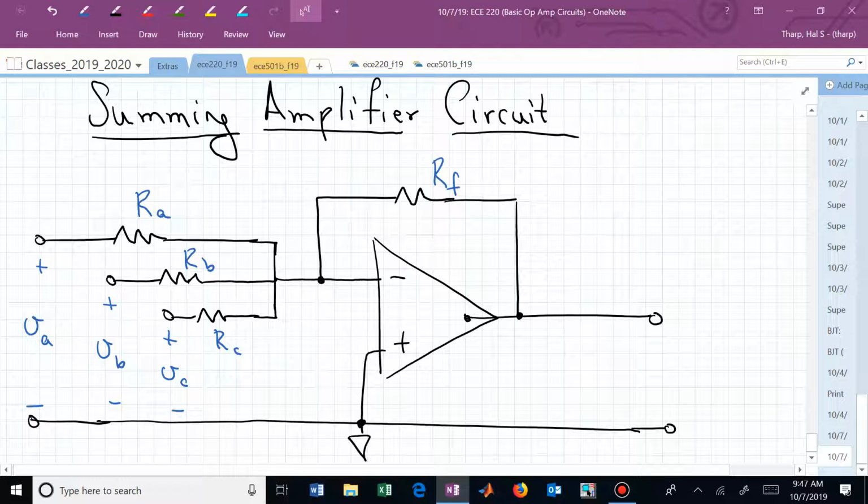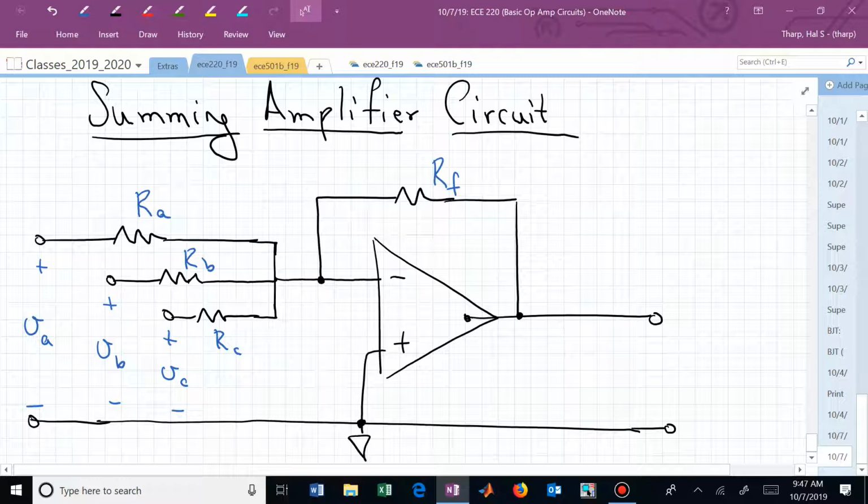How are we going to approach the analysis of this problem? What's our first step in analyzing an op-amp circuit? Step one. Do we have negative feedback?